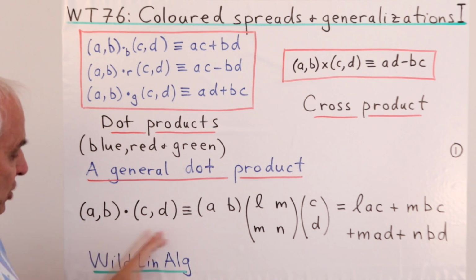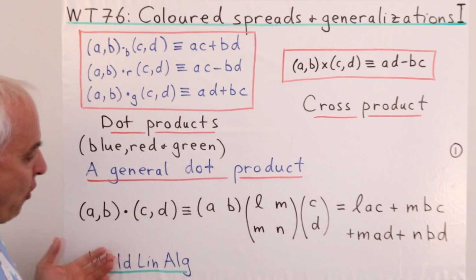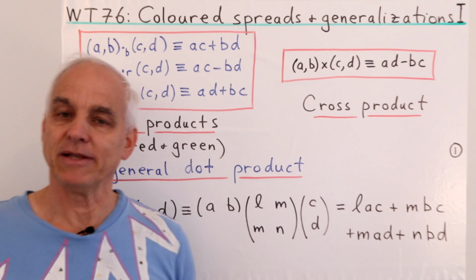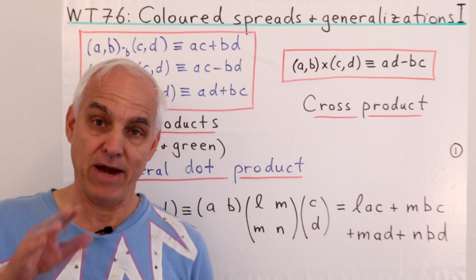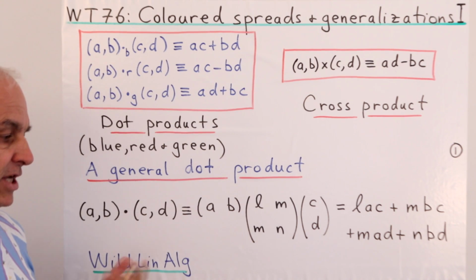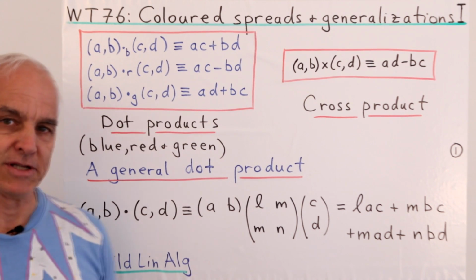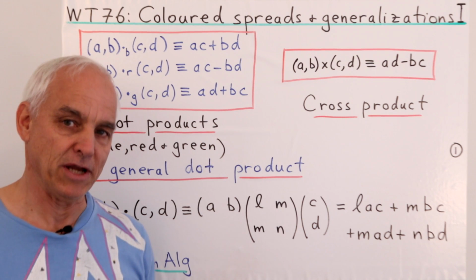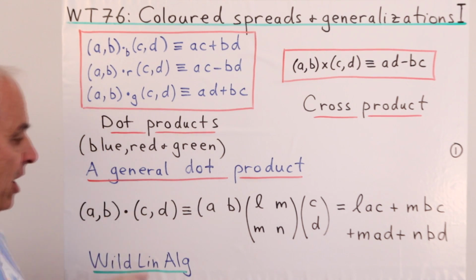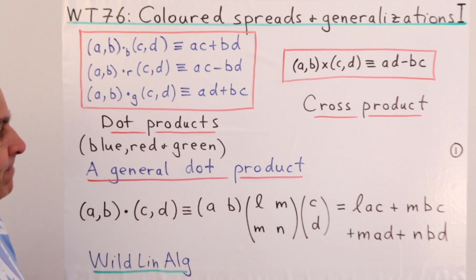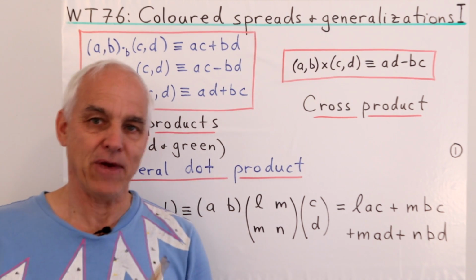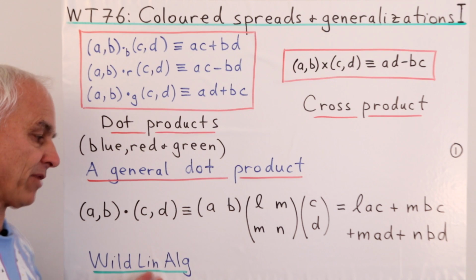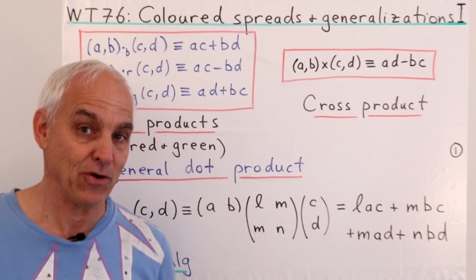And I might also mention that this topic is overlapping quite a lot with some of the later material in our Wild LinAlg series on linear algebra. In particular, the lectures Wild LinAlg 40 to 42, something like that, are in this direction. So you might want to refresh some of your ideas on linear algebra by consulting and going through this series if you haven't already done so.